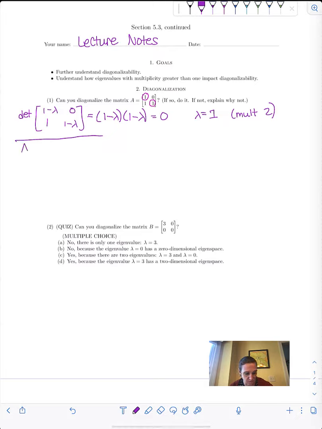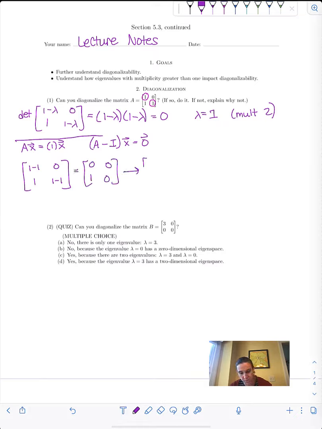So we're looking for solutions to Ax equals lambda x, which is just x here. And so this ends up being A minus the identity times x equals 0. That's what we're trying to solve. So we do A minus those ones, so we have 1 minus 1. Basically we replace our lambda with what lambda actually equals, and we get a new matrix.